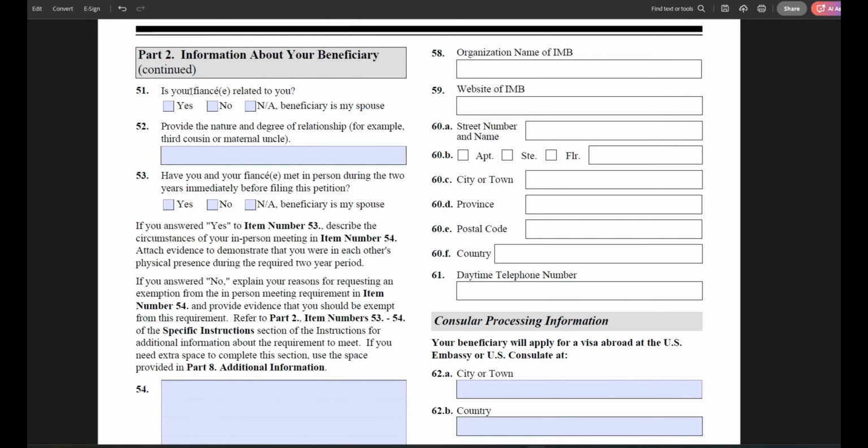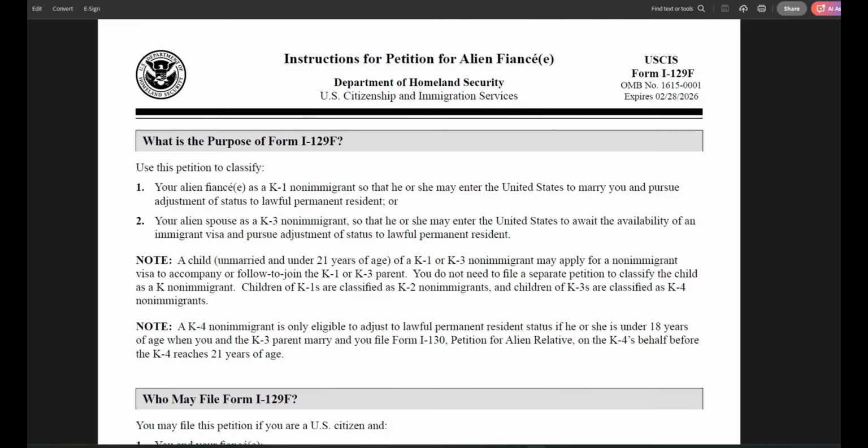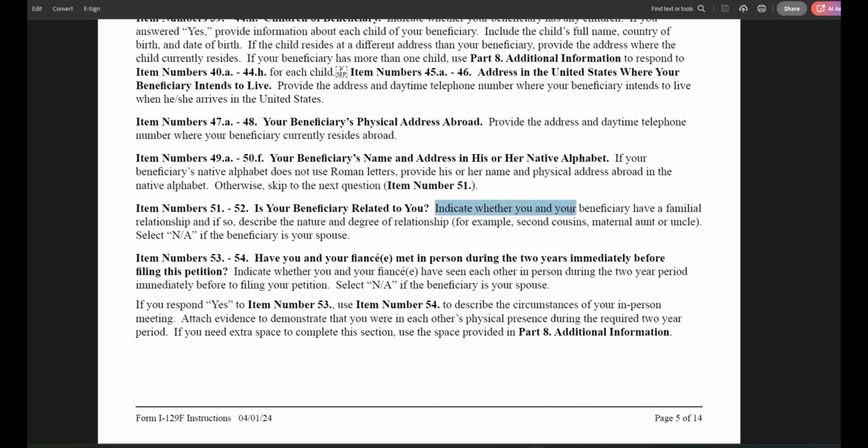Question 51 asks if your fiancé is related to you. If you review the form instructions, it will ask you whether you and your fiancé have a familial relationship, and then they will ask you to describe the degree of that relationship.